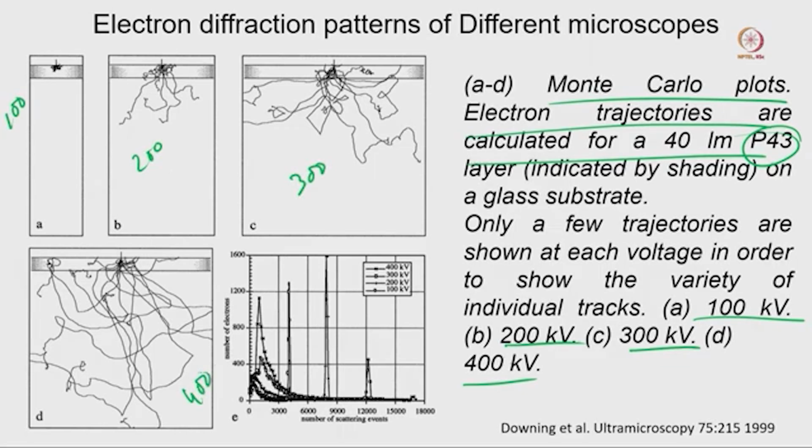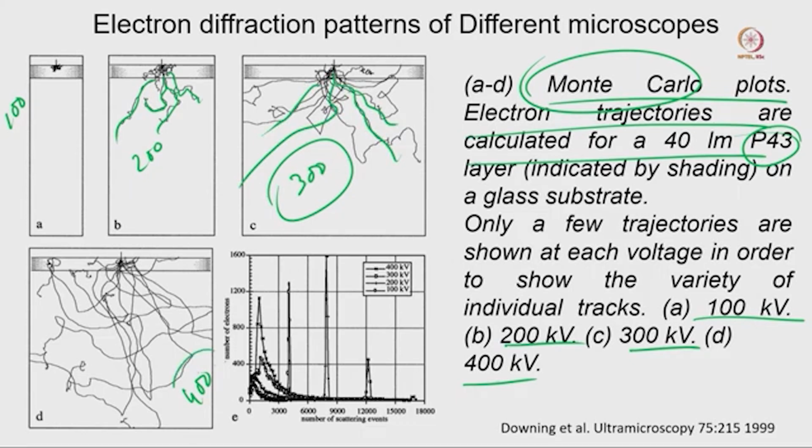Now, at 100 kV you can see the electron hits the scintillator, even though it is not traveling that fast, but in the other cases you can see different kinds of trajectory, they are following different types of path, and this is calculated using this particular method, the Monte Carlo simulation. When you have a higher energy electron, it travels a longer distance and has a different type of trajectory. So, even at 400 kV you can see some of these electrons going back here or going back here, and it starts again a new event. So, that is creating some kind of noise.